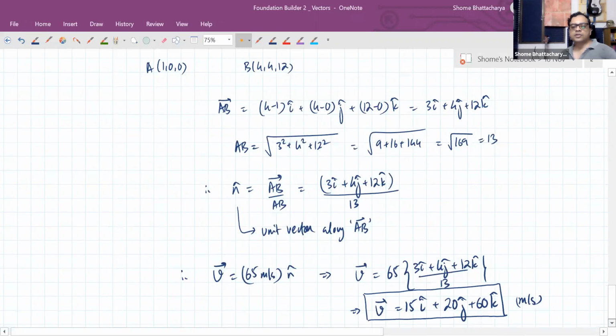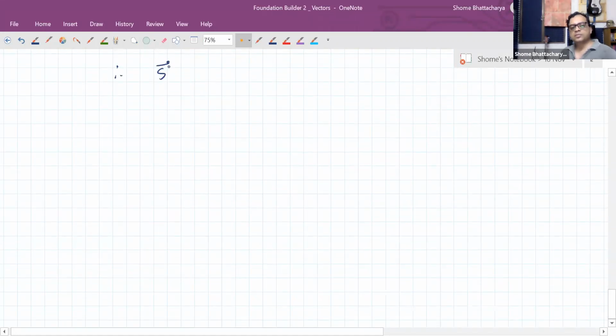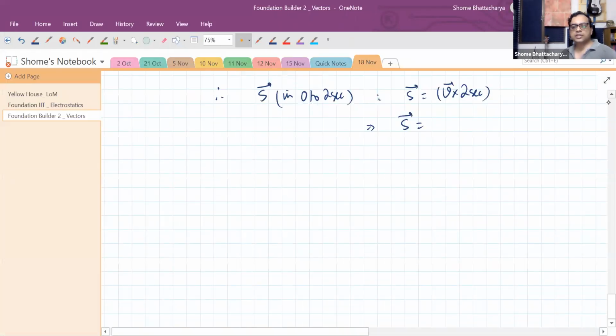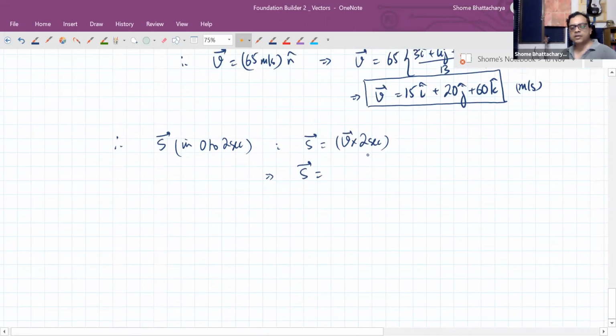Now once I've got my velocity vector, I know that the displacement in 0 to 2 seconds is velocity multiplied by 2 seconds. So we just pick up the velocity vector written above and multiply by 2.